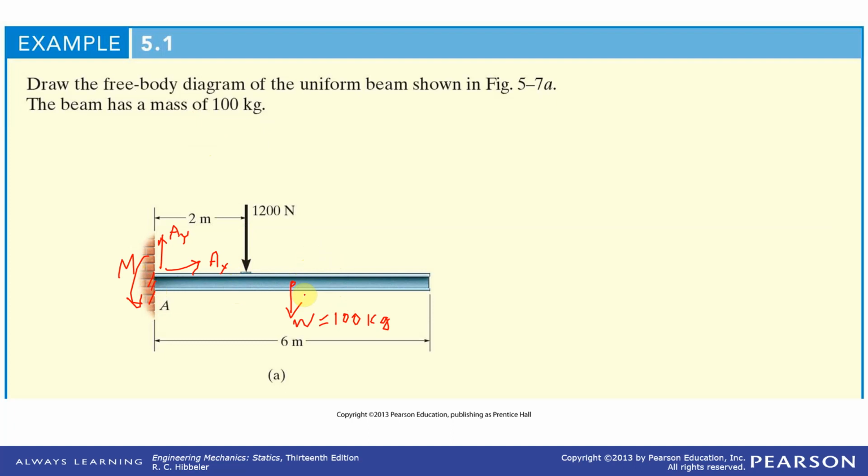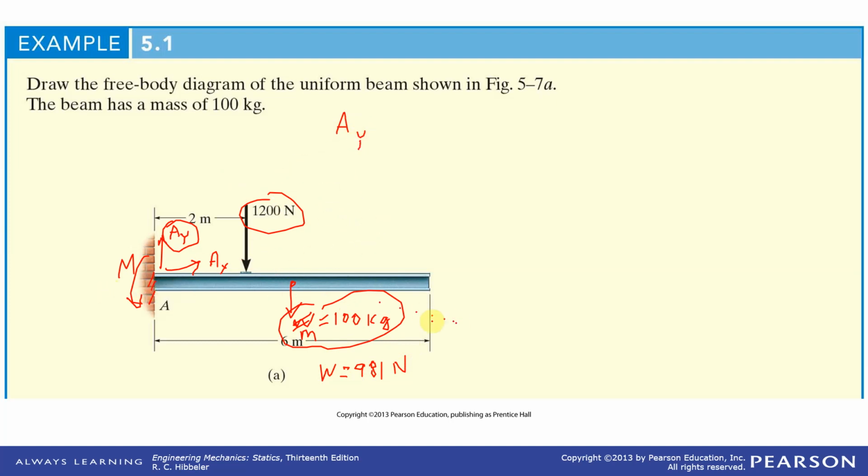So we know that AY has to be equal and opposite to 1200 newtons plus 981 newtons. I should say, I shouldn't use the symbol W. I should say mass equals 100 kilograms. Weight is going to be 981 newtons. And so AY is going to have to be equal and opposite to that.